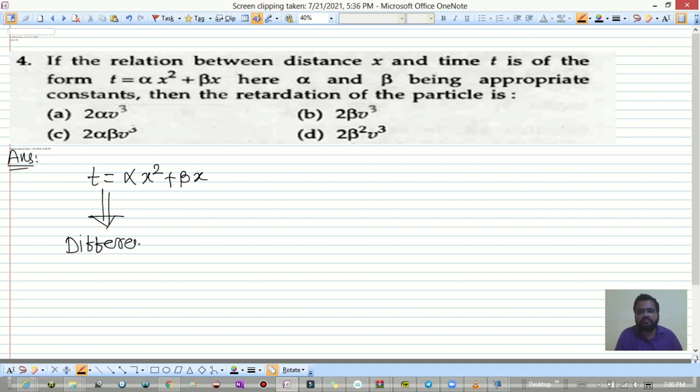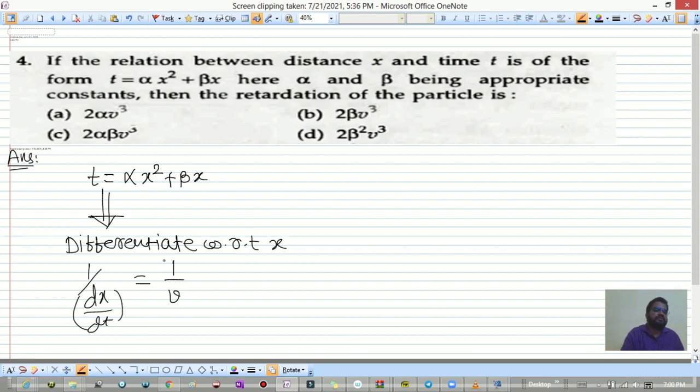Then 1 divided by dx by dt is nothing but 1 by v, and this v you have to write as a function of x. Then differentiate velocity, and you will get acceleration, which will be the negative of some value, and that value is nothing but the retardation.